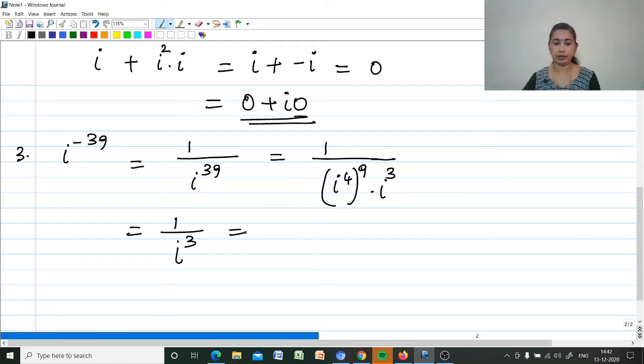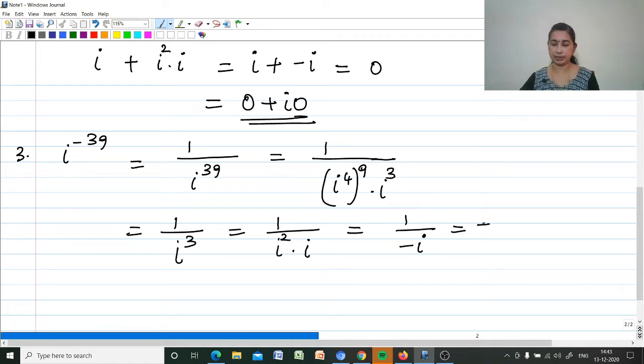And how can I write i cube? i cube is the same as i square into i. As earlier, i square into i, and that is 1 by minus i, because i square is minus 1, minus 1 into i is minus i. Now in order to make it a complex number form, we have to multiply by that i in the numerator and denominator.